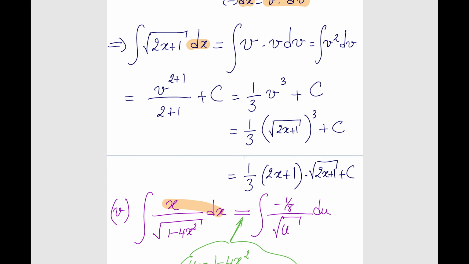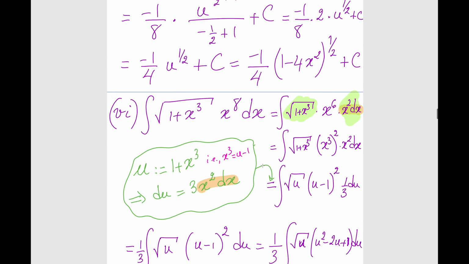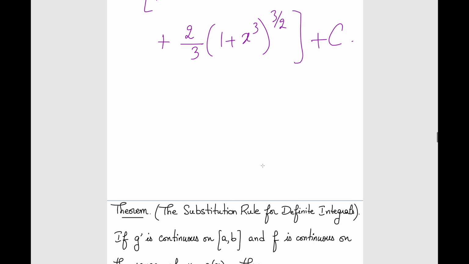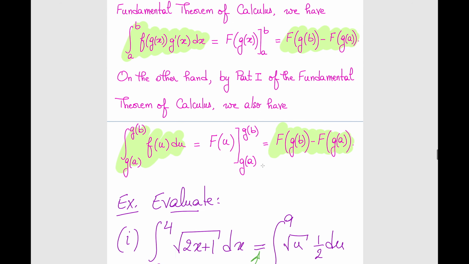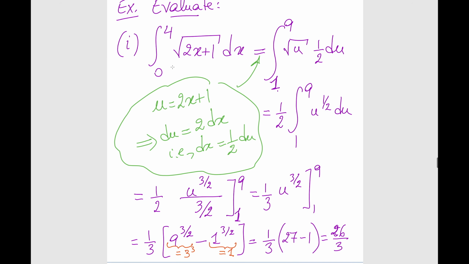I'm going to copy that result. I'm not going to take c because I can take c constant. I have a definite integral now. So I wanted to integrate this between 0 and 4.